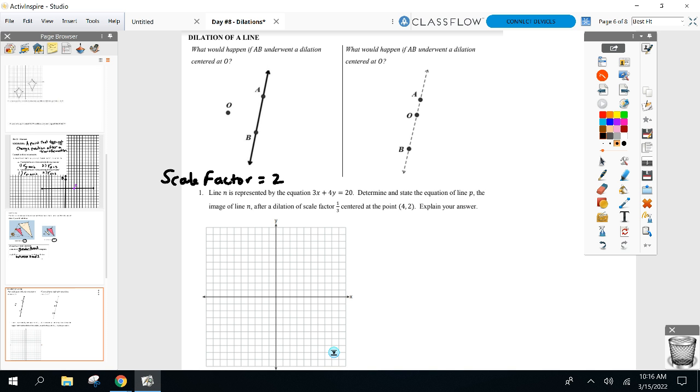Guys, is the line going to get bigger? No, lines can't get bigger. They go on forever. But everyone, highlight point A right now. Is point A going to get further away from O or closer to O? Further away because the scale factor is greater than 1.